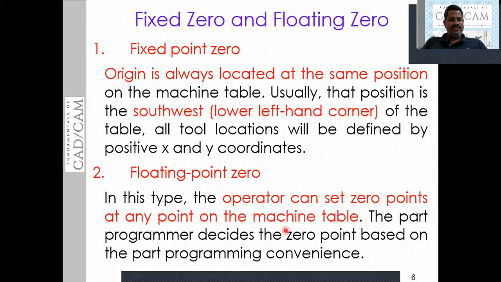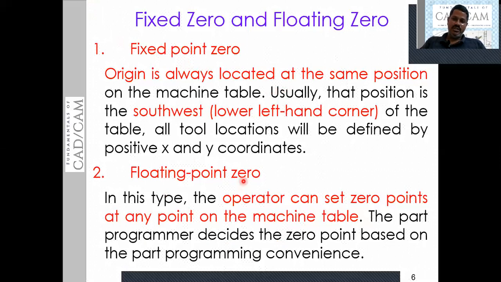So this is flexible in the case of turning operation. In the case of turning operation, the axis will be taken as the floating 0 point. With respect to the origin, the coordinate values are going to be referred. So in the case of fixed point 0, the origin is always fixed. Preferably that is at the bottom left corner.